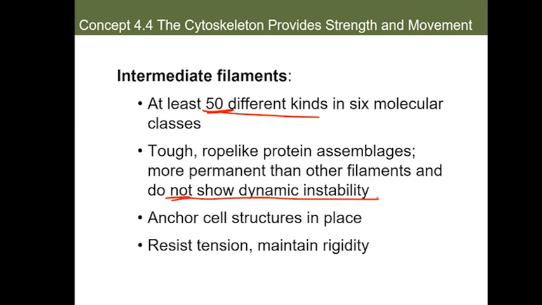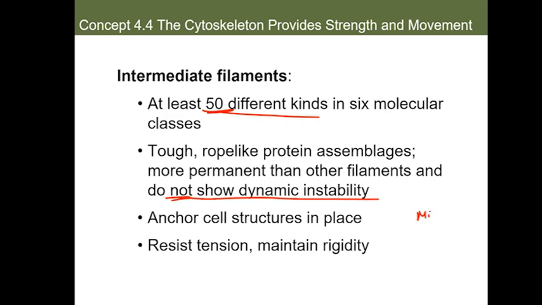So they're pretty much there, and they're kind of like, trying to think of a good analogy. So intermediate filaments are kind of like wood that's for building houses, and the microfilaments are kind of like scaffolding. They build it up when they need it and they take it down when they don't.